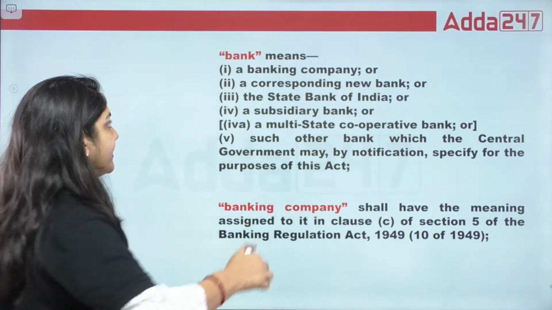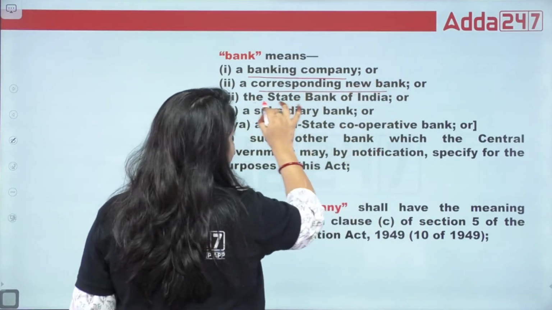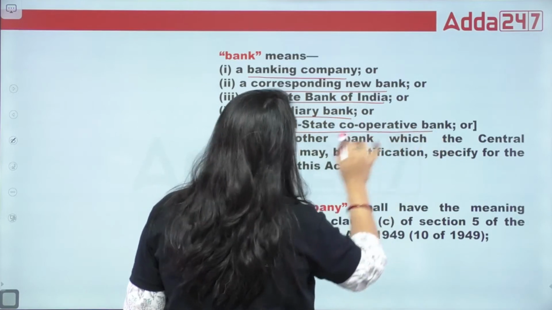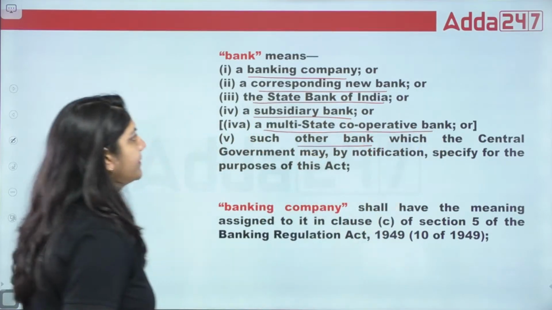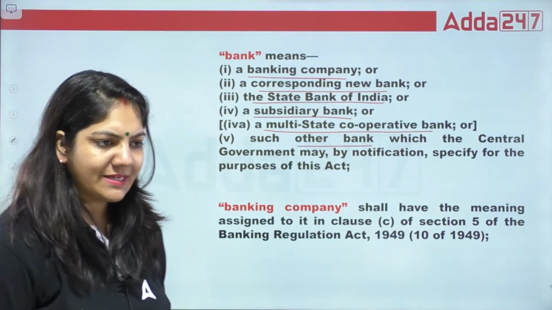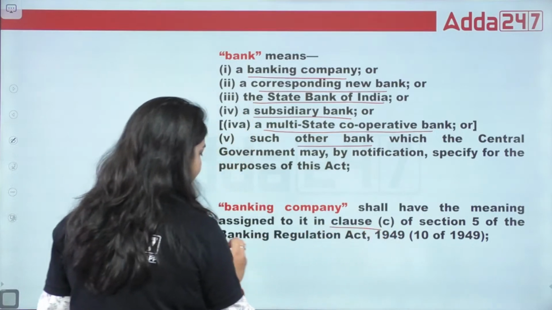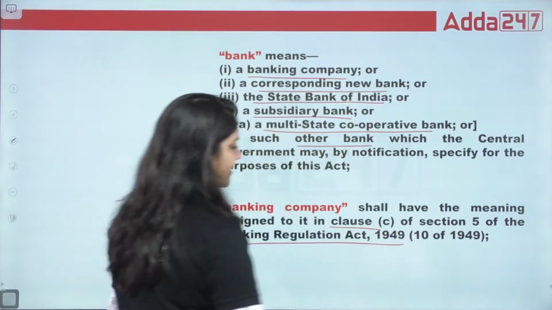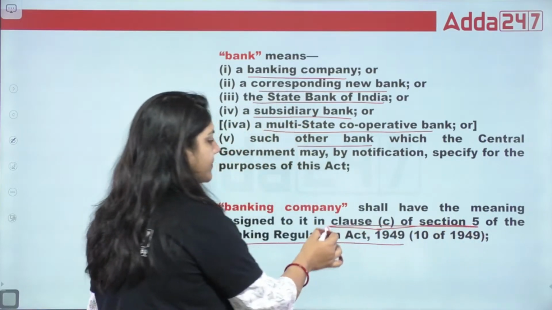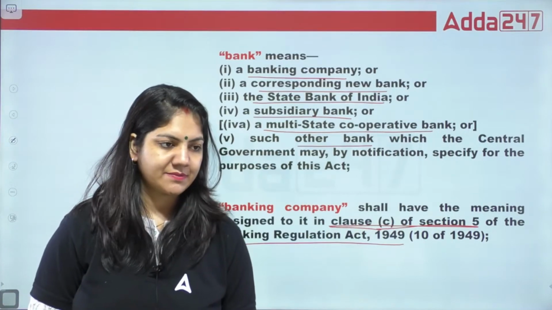The bank includes banking company, corresponding new bank, State Bank of India, subsidiary bank, multi-state cooperative bank, or other bank. Banking company is the same definition that we have read in the Banking Regulation Act, Clause C of Section 5, Banking Regulation Act 1949. That's it.